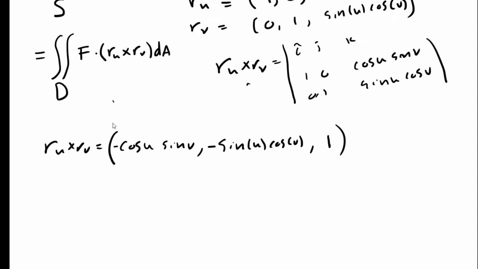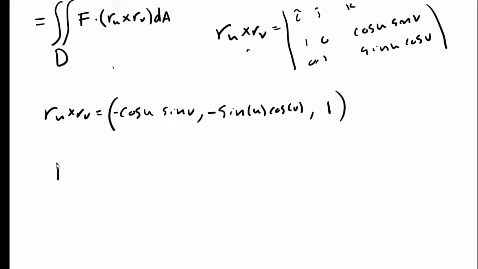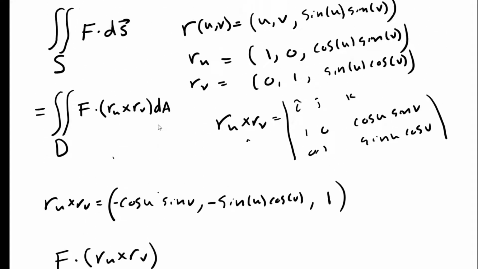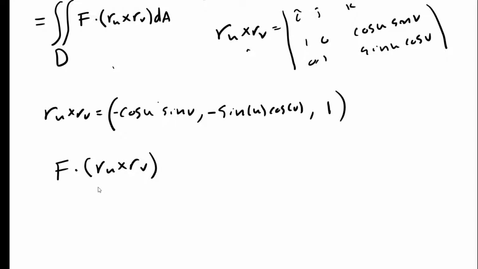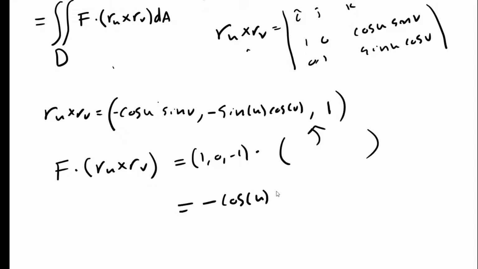Now I need to do the dot product of F dot r_u cross r_v. So like we said, F here was 1, 0, negative 1. So this is equal to 1, 0, minus 1 dot this big thing here. If I do the dot product, I get minus cosine u sine v minus 1, and this is what I need to integrate.